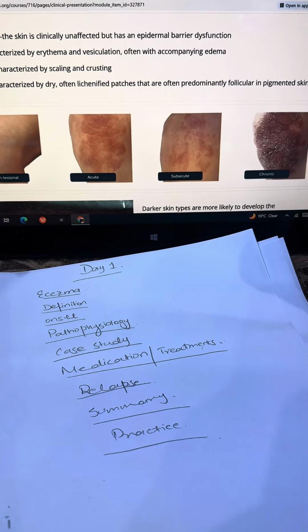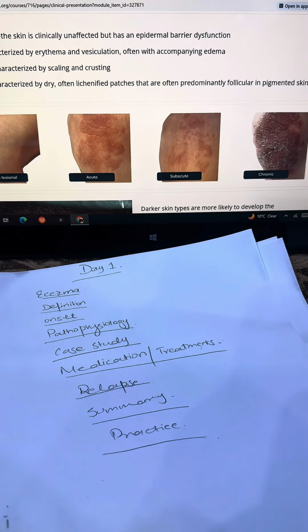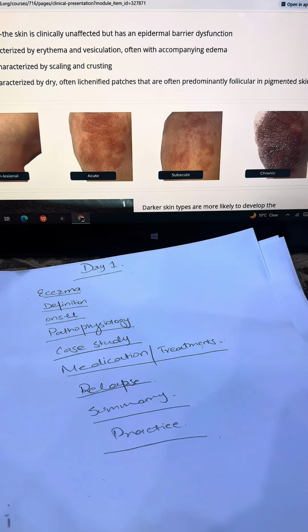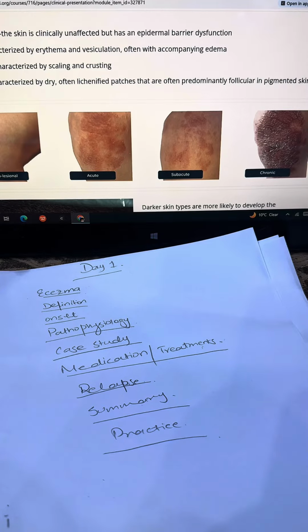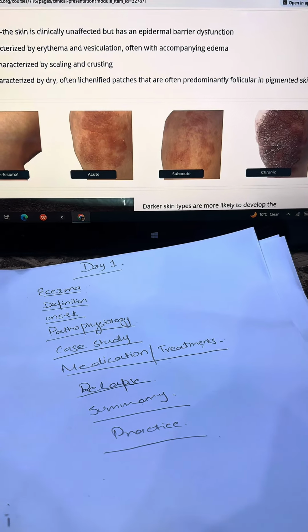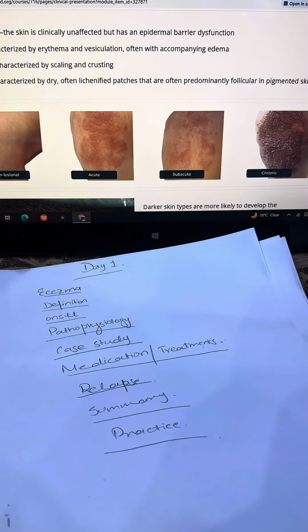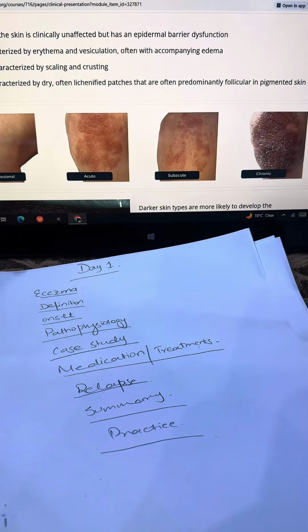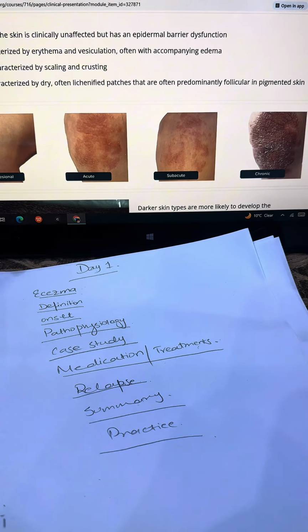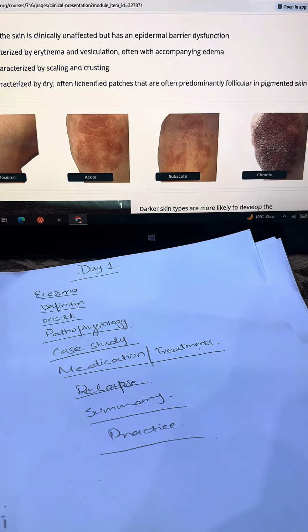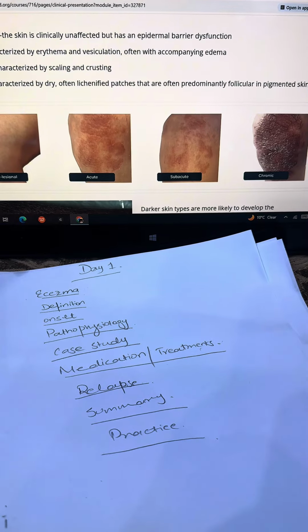The acute stage is characterized by eczema. Eczema is redness of the skin, vesiculation, and accompanying edema. Subacute is characterized by scaling and crusting. And the third one is chronic. Chronic is characterized by dry, lichenified patches and predominant follicular accentuation.